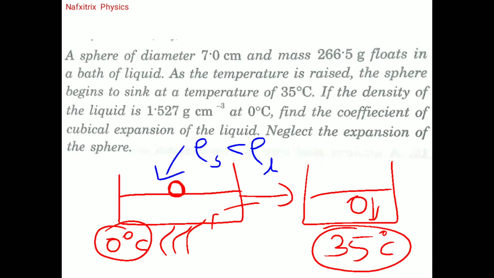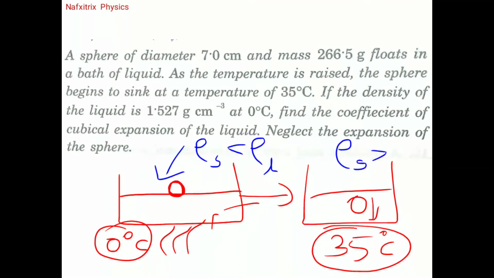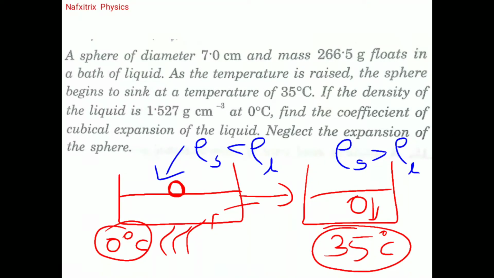And when the density of the sphere is greater than the density of the liquid, it tries to sink. So this is the condition, hence here it was sinking.